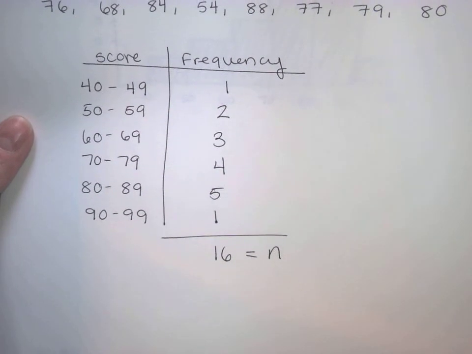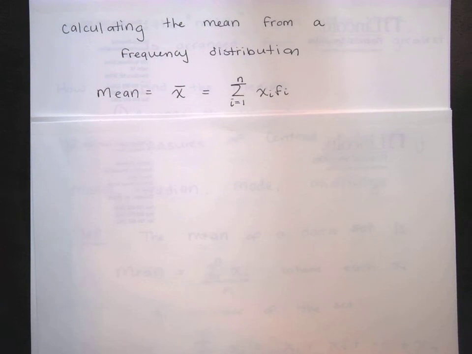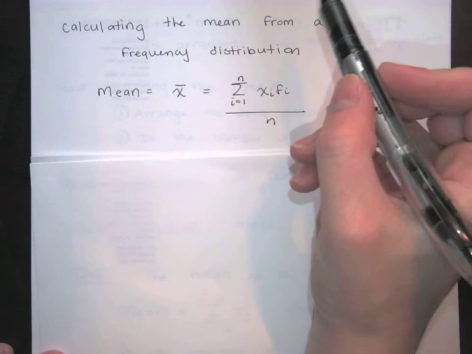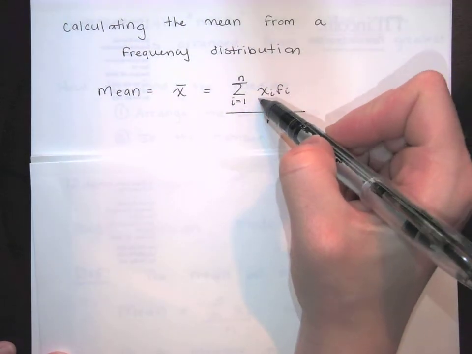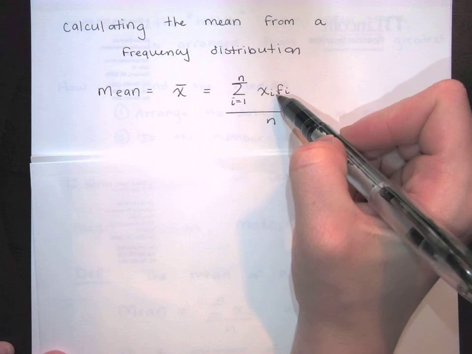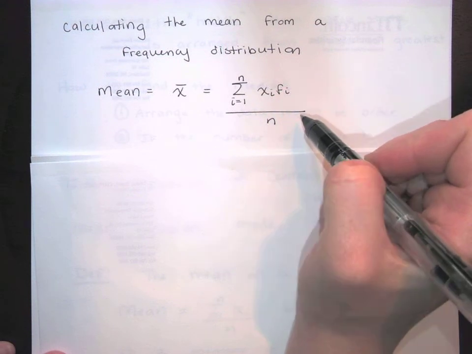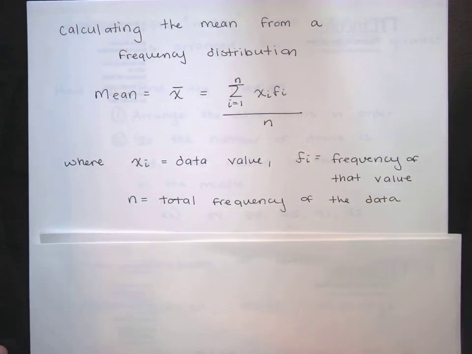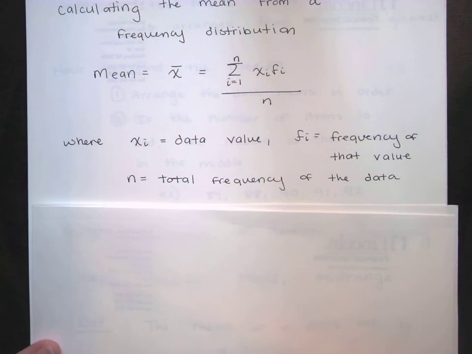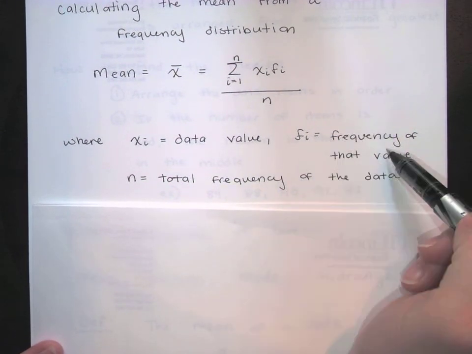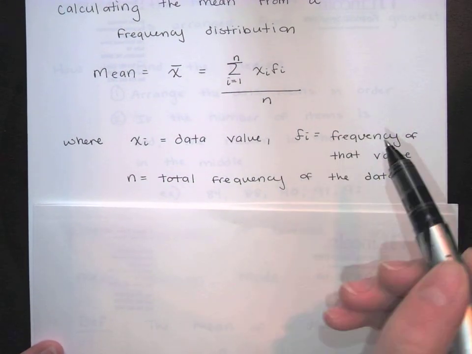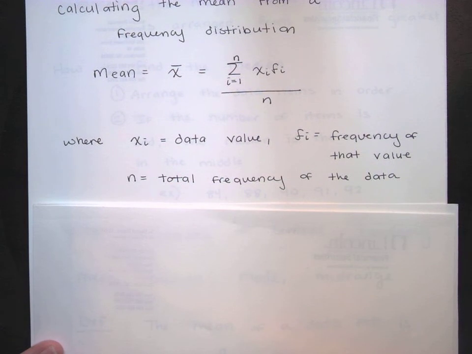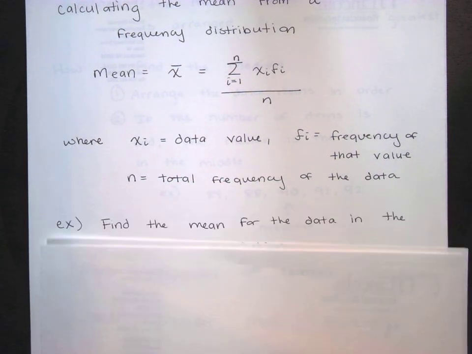So if we're given a frequency distribution like this, we can compute the mean of our data set by multiplying all the items by the number of times they occur, their frequency, and then dividing by n. In this formula, each xi is a data value, fi is the frequency that value occurs, and n is the total frequency of the data, or the total number of things in the set.